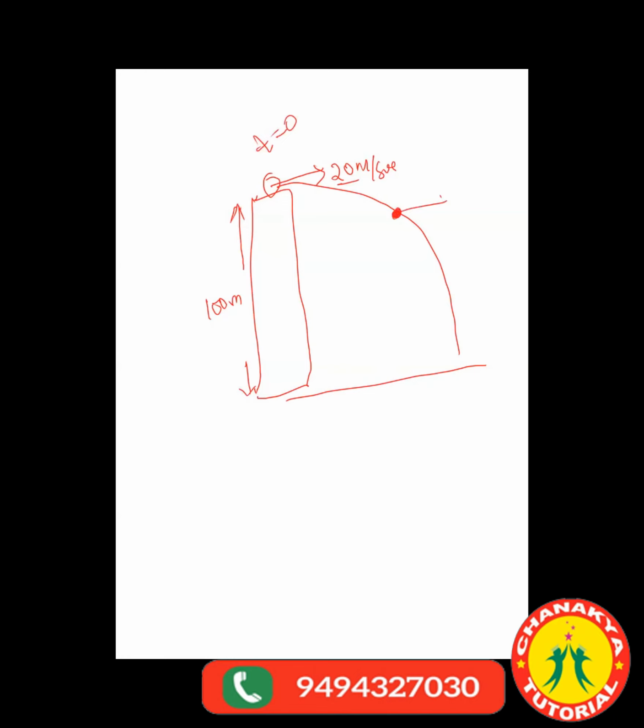This 20 will not change, but it will gain 20 in the downward direction, because in 1 second it gains 10, as my acceleration due to gravity is 10. So in 2 seconds, it will be 20. So the velocity is 20 I cap minus 20 j cap, because it is in the negative y direction. Correct?